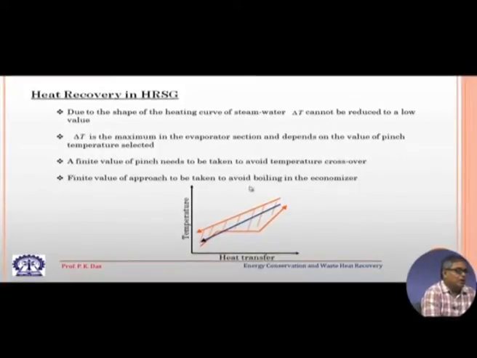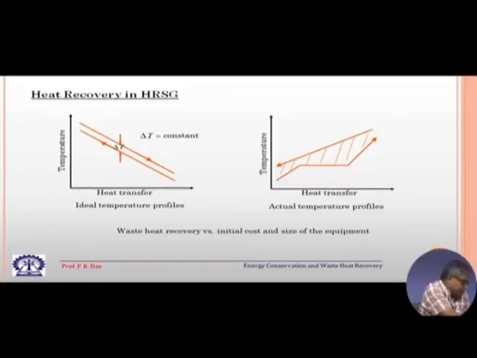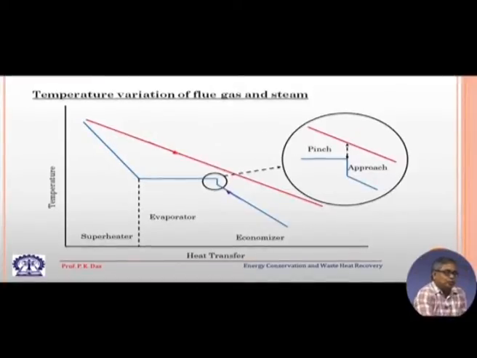Then we also have to keep some finite amount of approach. Let me remind you what approach is. What I have told is that from the economizer the fluid will not come out in the saturated condition, there will be a certain temperature difference. This is called the approach, and this is also essential. Why?